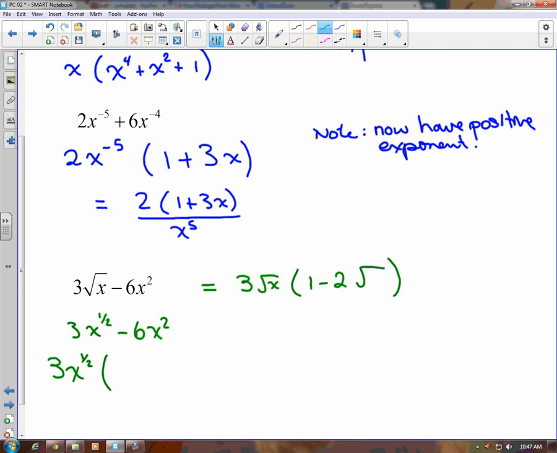Right, so when you pull that out, you're going to be left here with 1 minus 2, and then here again you're going to subtract your exponents. So you're going to have 2 minus 1/2. Right, so 2 minus 1/2. Don't write it as 1.5, but rather write it as 3/2.